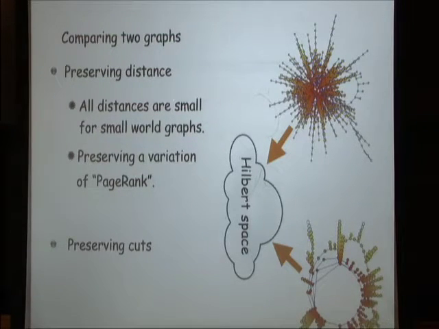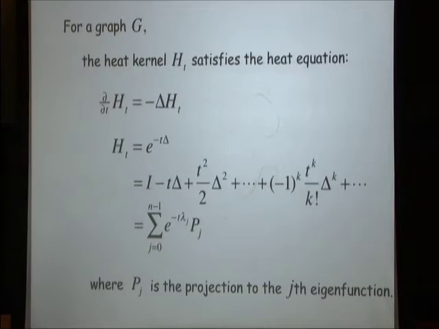But if your graphs are small world graphs, meaning any two nodes are pretty close, then we have a finer kind of quantifying, which I'm not going to get too much into, sort of PageRank kind of thing. And we want to preserve cuts, so sort of two directions.